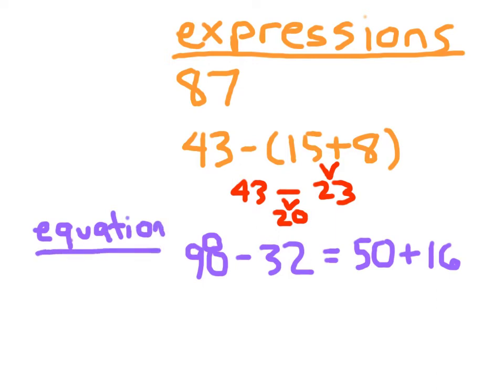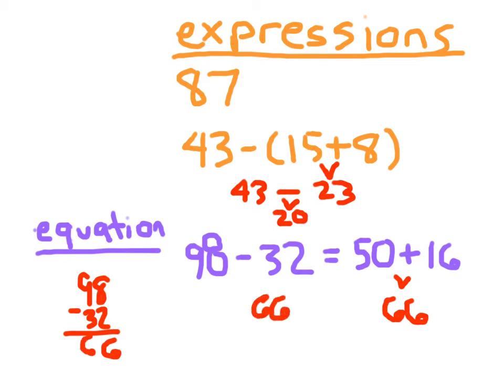Now, the other thing that you can do with the equation, so I can really show you that this is true, is we could evaluate each of these sides of the equation. 98 minus 32 is an expression on the left-hand side of the equation. 50 plus 16 is an expression as well. 50 plus 16 evaluates to 66. 98 minus 32, 9 minus 3 is 6, is also 66. I've evaluated that equation to show you that that equation is true.